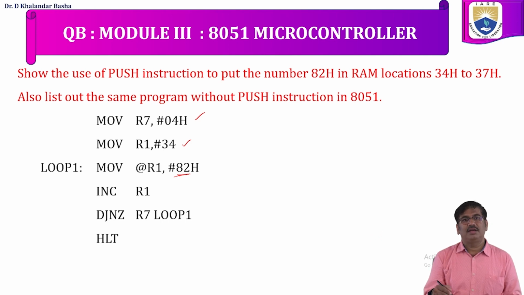For addressing the next memory location, increment the address which is in R1. As one data is transferred, decrement R7. If it is non-zero, go to loop 1. So this loop will be repeated until the count placed in R7 is finished. Once all the data is transferred, we stop the program by using the HLT instruction.